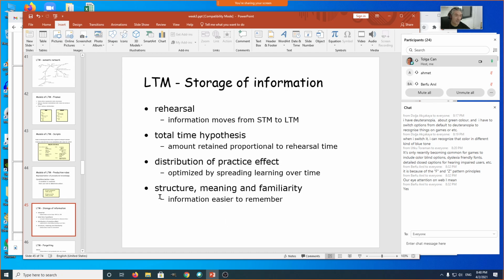And sometimes you make analogies when you're learning things: oh, this looks similar to that one. You see the structure pattern in certain knowledge, and this also helps you store it.